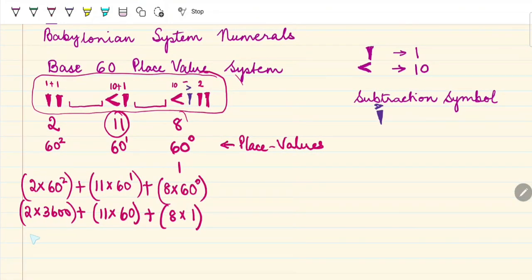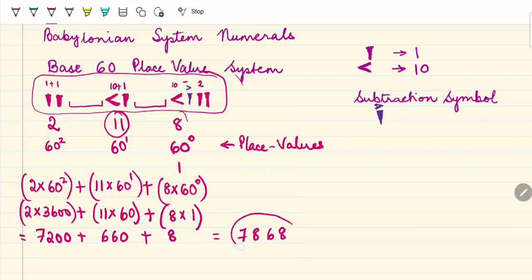And then we do the multiplication here. 2 times 3600 is 7200 plus 11 times 60 is 660 plus 8. And then we sum them all up to get a value of 7868. So 7868 is the decimal equivalent of this entire pattern of numerals in the Babylonian system.